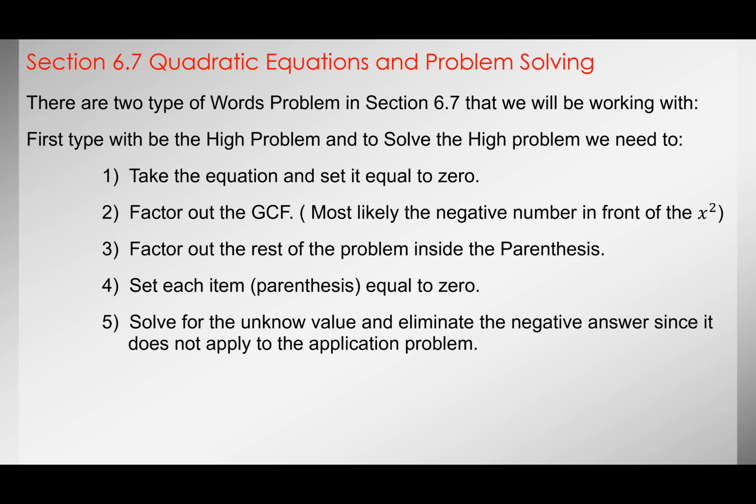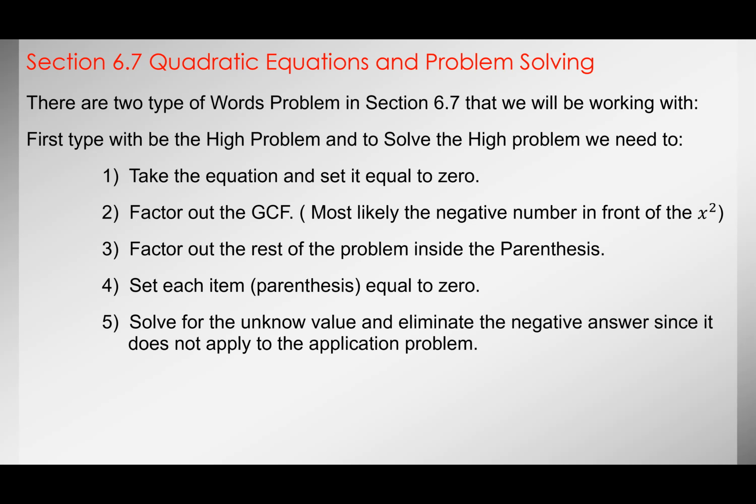Once you factor out the GCF, you will have a remainder inside your parentheses, and then you once again factor that item. And after you factor, as you can see, that's why I told you chapter 6 is hard: if you don't know how to factor, you cannot start any of these problems.